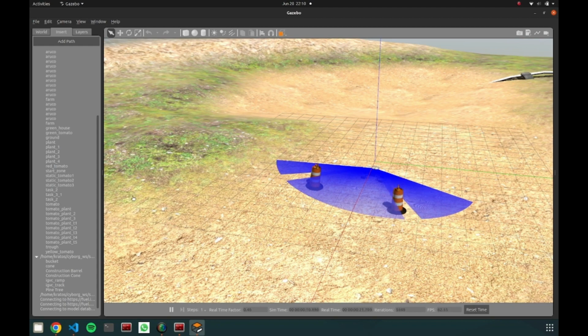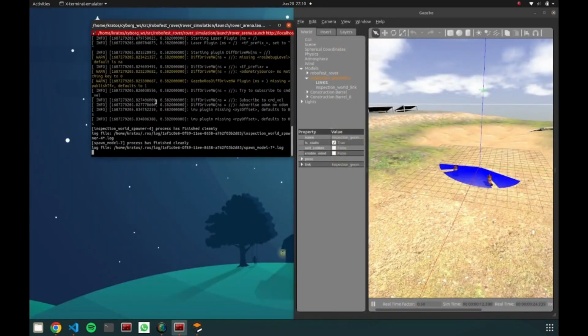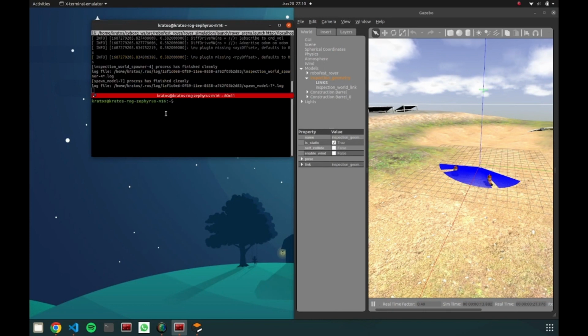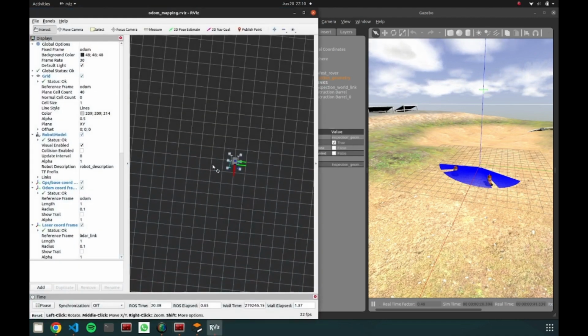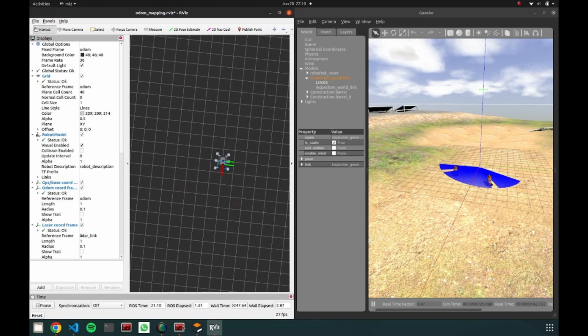Now we proceed to the next step, that is visualizing the bot using RViz. In RViz, we can see the bot and the path it is trying to take by avoiding the obstacles. Here on the left side, RViz has been launched.